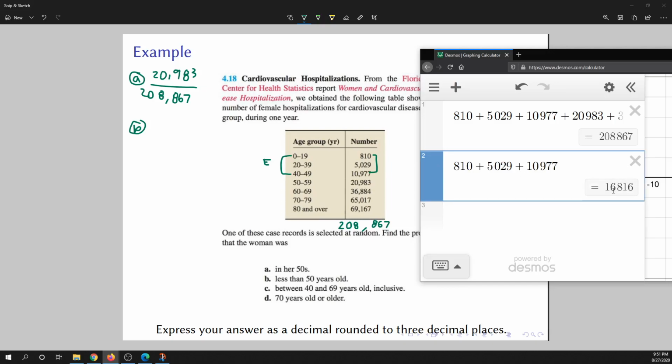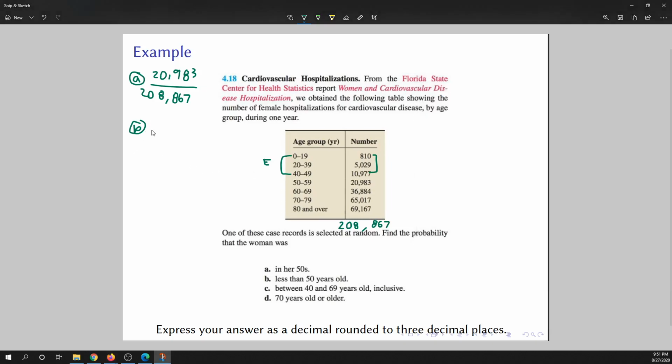That comes out to be 16,816. So that is the number of women in the event E that we care about. And to find the probability, what we would do is divide by the number of women in the sample space. So that would be 208,867.